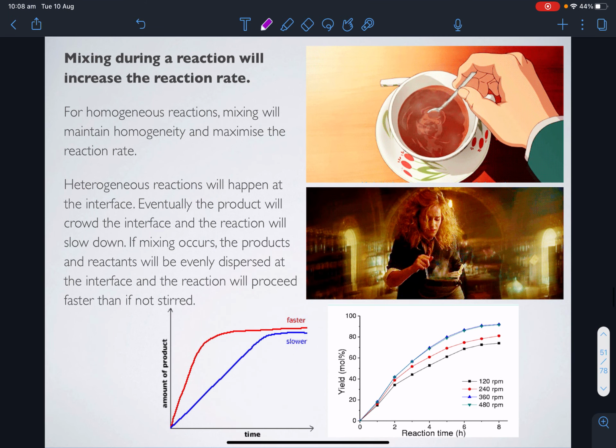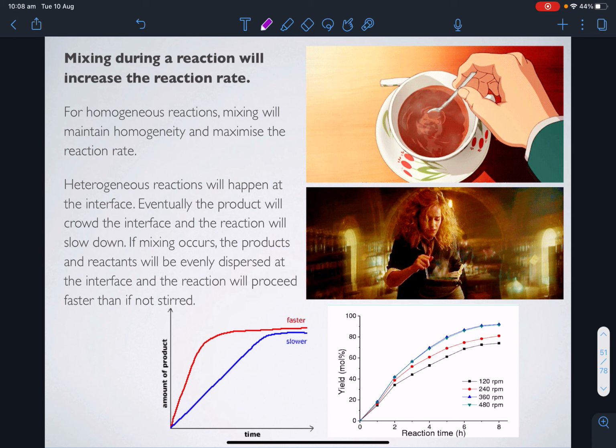Another thing that can alter the rate of reaction is mixing. So trying to make sure the reaction is as homogeneous as possible and that the reactants can meet each other. So maintaining homogeneity.